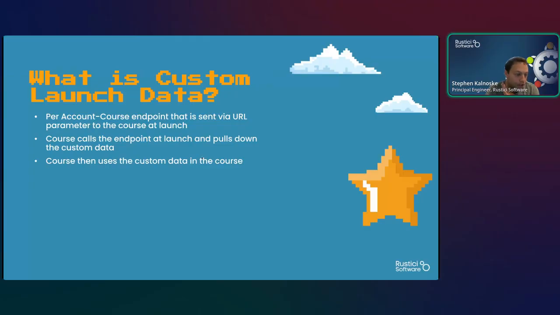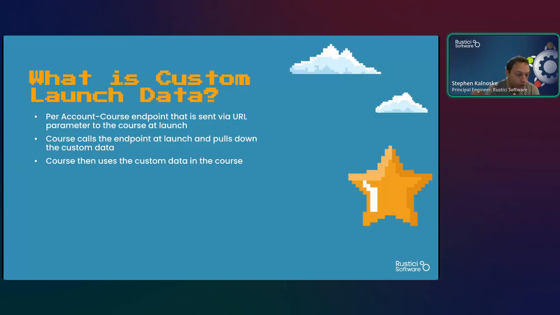When your course launches through Content Controller, it's going to send it a URL, and the course can fetch whatever is in that URL, which is data that you provide. The course can then use that data you provide inside Content Controller to configure itself on the fly at launch.